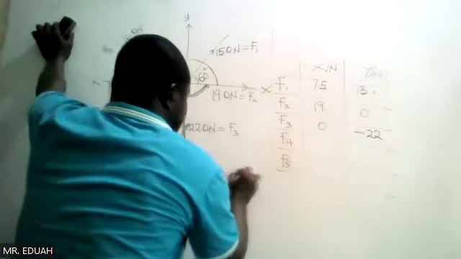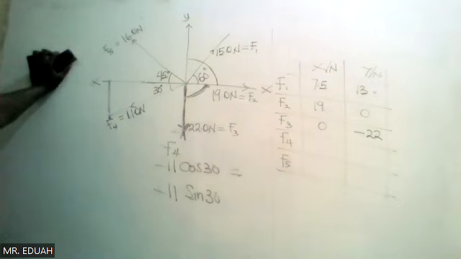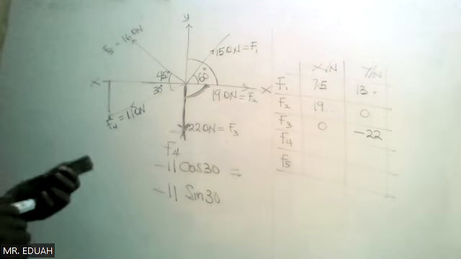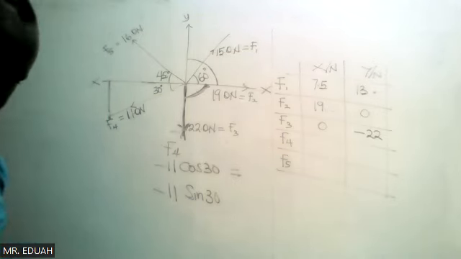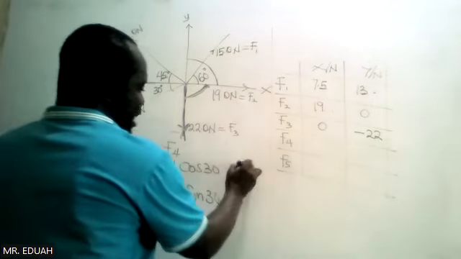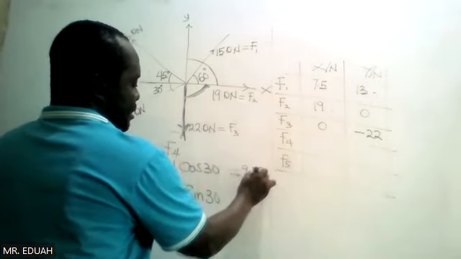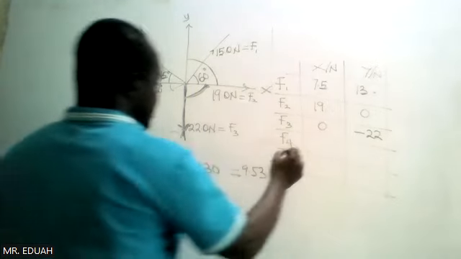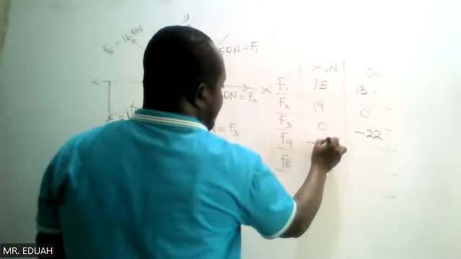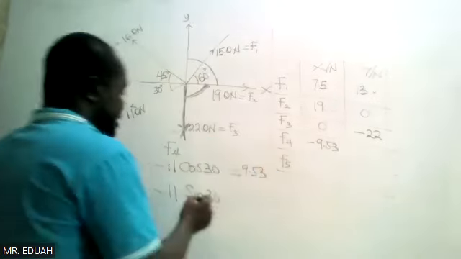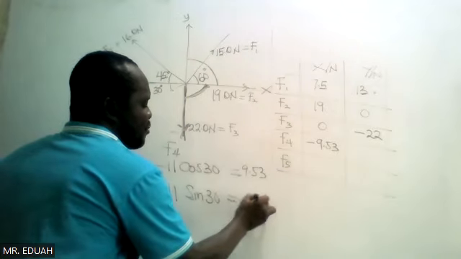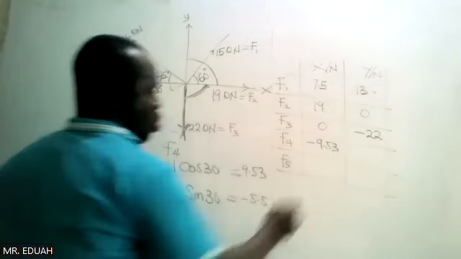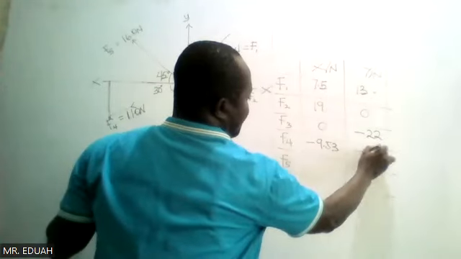Cos 30 is 0.866. So multiply 11 by 0.866. Yes. 9.53. So minus 9.53. Sine 30 is half. So this is minus 5.5.